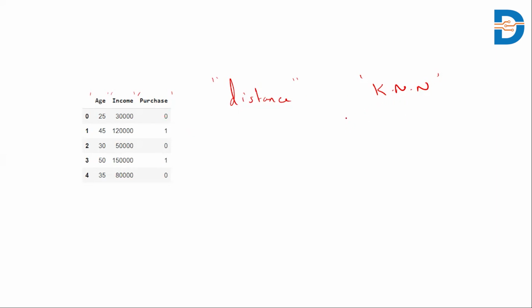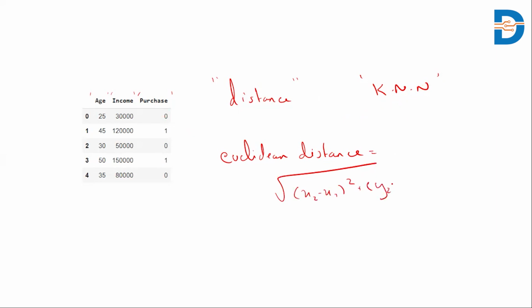One of the distance metrics that we can use is the Euclidean distance, which is represented by the root of (x2 minus x1) the whole square plus (y2 minus y1) the whole square.